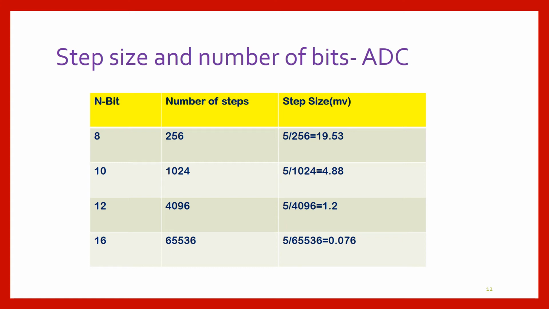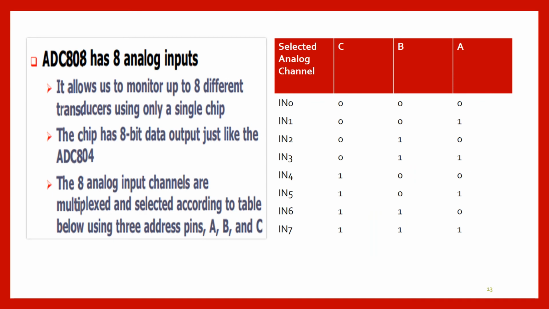Now if we see the conversion purpose, how many channels? So 0808 or 0809, these are the two popular, very equivalent kind of chips, that we are taking into account here. For example, it is again from National Semiconductor, and ADC 0804 has only one analog input, single input.